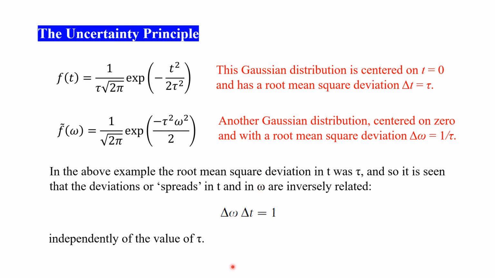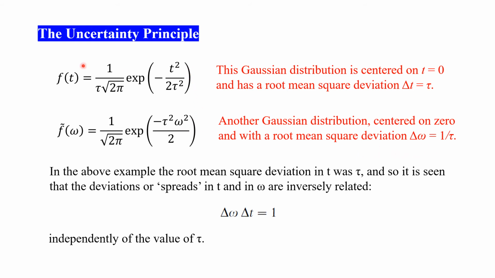So just a quick review. This one here is our normalized Gaussian distribution. This Gaussian distribution is centered on t equal to 0 and has a root mean square deviation of delta t that's equal to tau. This one here is your Fourier transform, which is still another Gaussian distribution centered on 0, with a root mean square deviation of delta omega that's equal to 1 over tau.